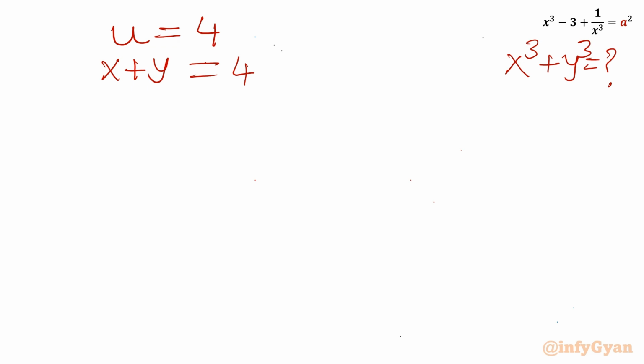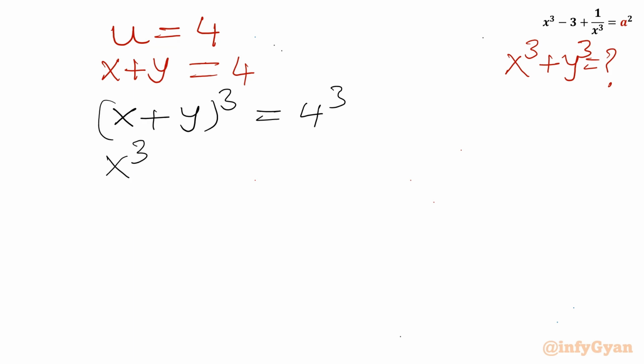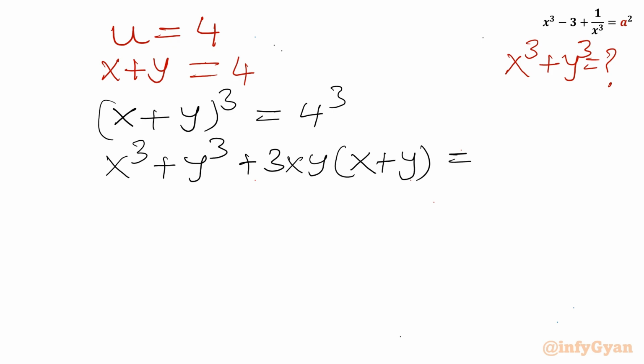Now I will consider cubing both sides. So I will write (x + y)³ = 4³. So x³ + y³ + 3xy(x + y) = 64.